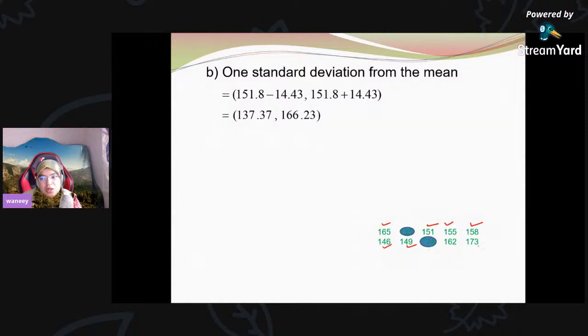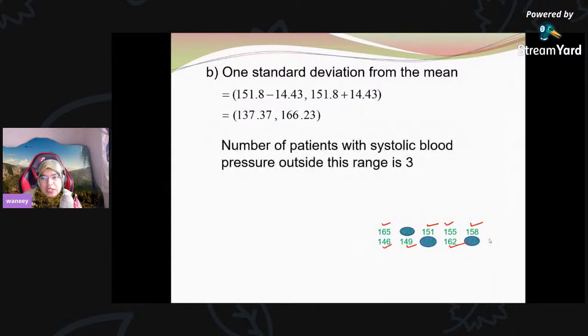So no. 162, they are actually inside the interval, so that is okay. 173, that is totally outside of the interval. So altogether, we have 3. So the number of patients with systolic blood pressure outside of this range is 3.